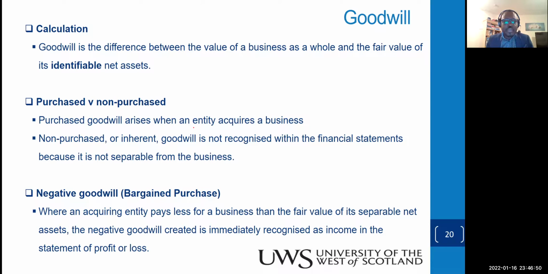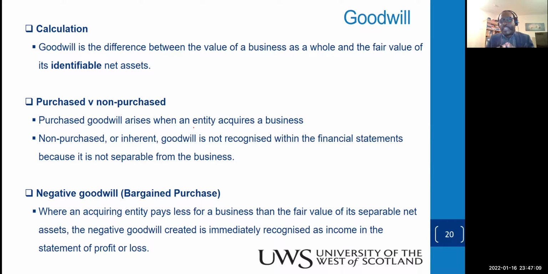Now, the reverse is true. The reverse is what we call negative goodwill. Accounting is quite interesting. We don't usually call it negative goodwill. We term it the bargain purchase because you have bargained well and bought it at a lower price.